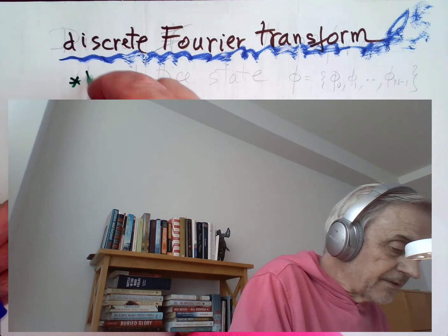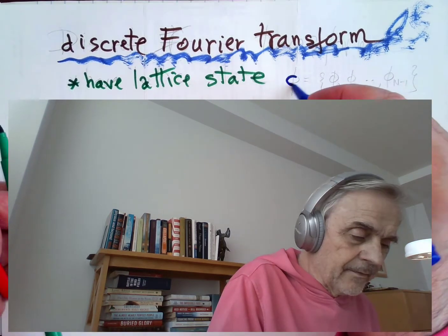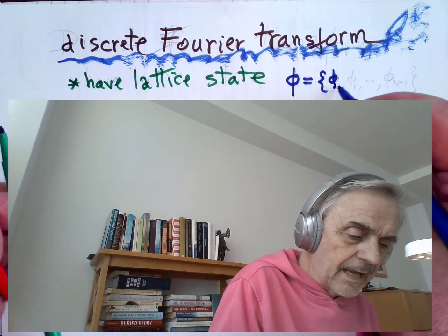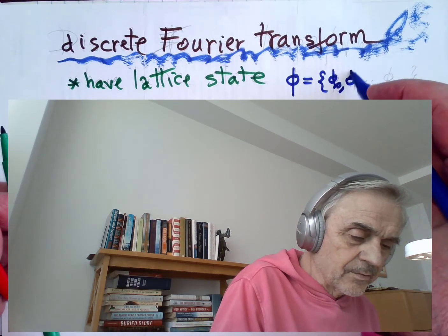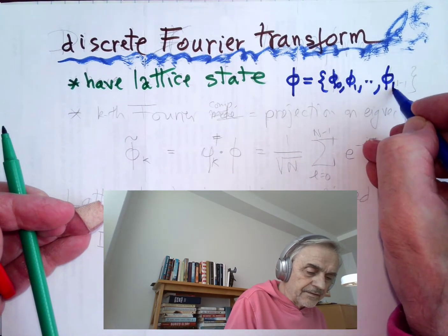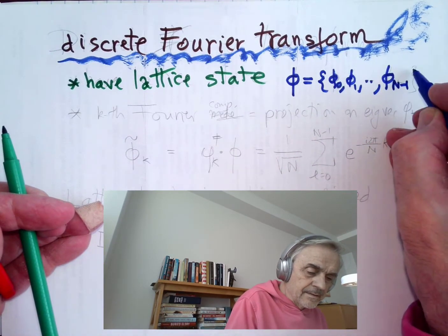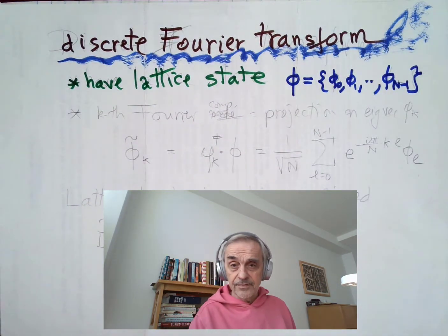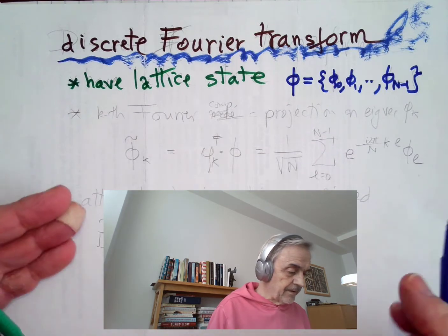If you have a lattice state, phi, meaning it's a set of values of the field on lattice sites 0, 1, and so on, and that lattice is periodic, so it's natural to use this method.